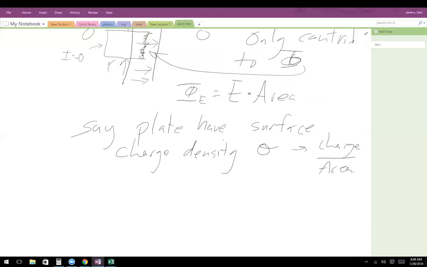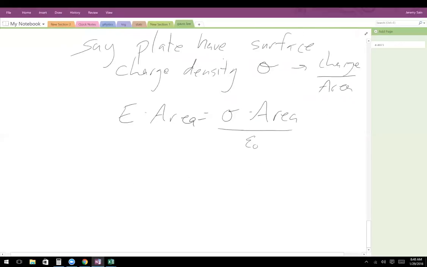So on one hand, phi is E times area. On the other hand, the total charge, well, it would be the charge per unit of area times the area. So that's my Q over epsilon naught. And happily, what cancels out?